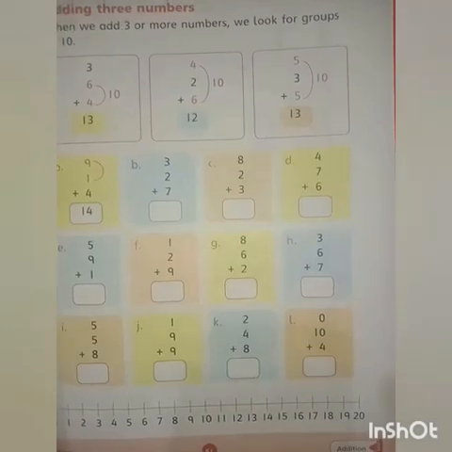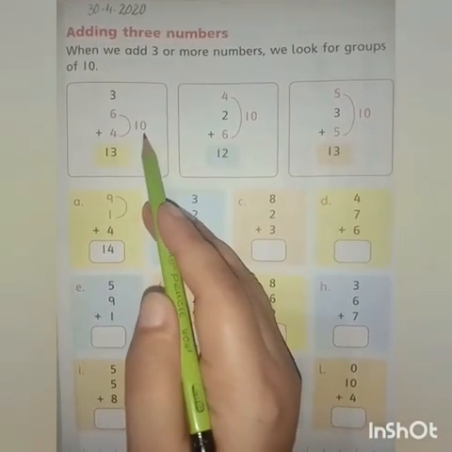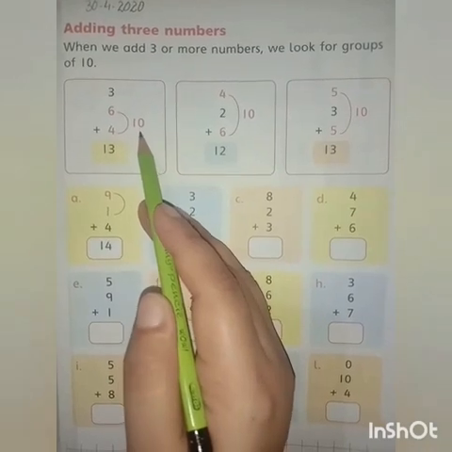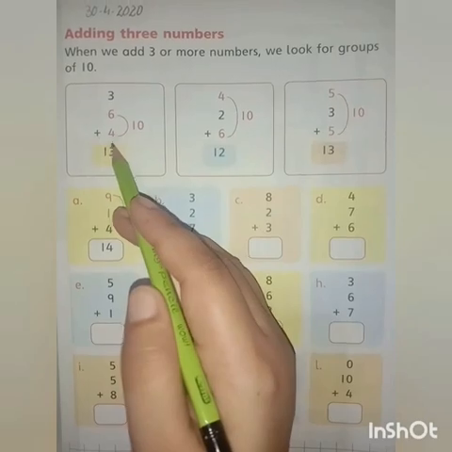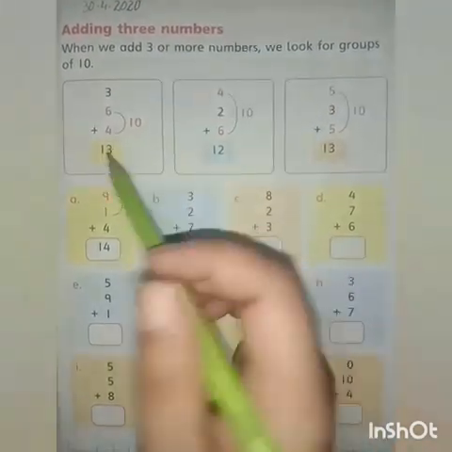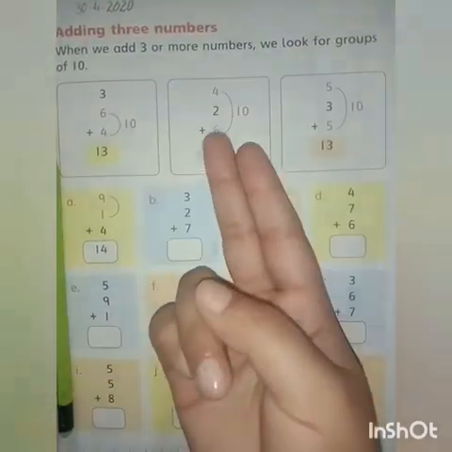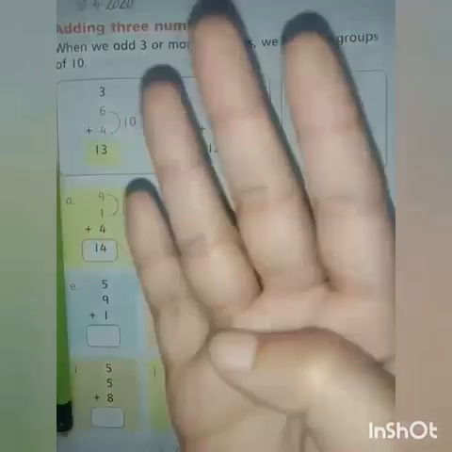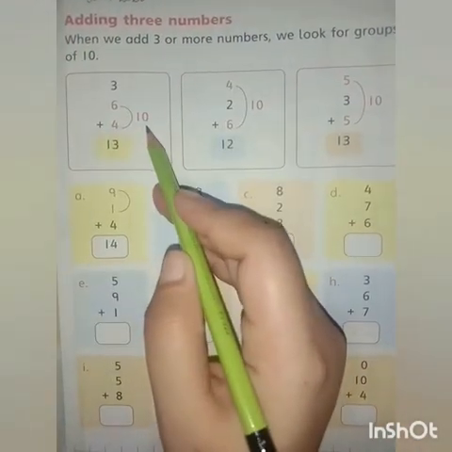When we add 6 and 4, the answer is 10. Students, 6 is bigger, so we have to count towards 6 and add 4 to it. 6, 7, 8, 9, 10. Here we have the answer and the answer is 10.